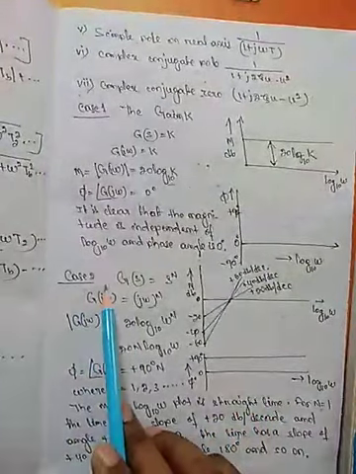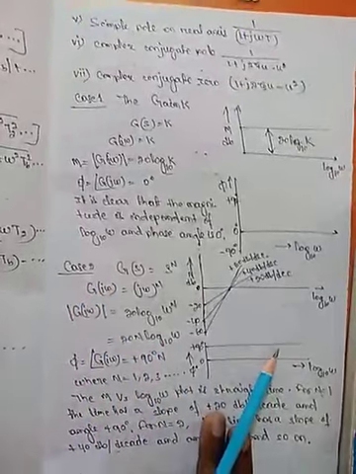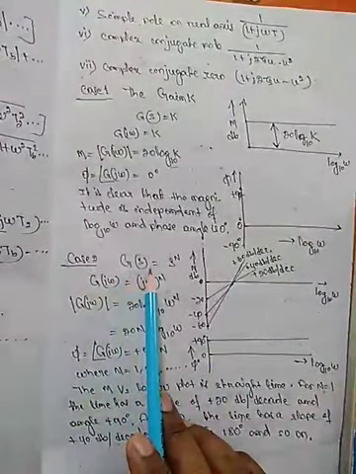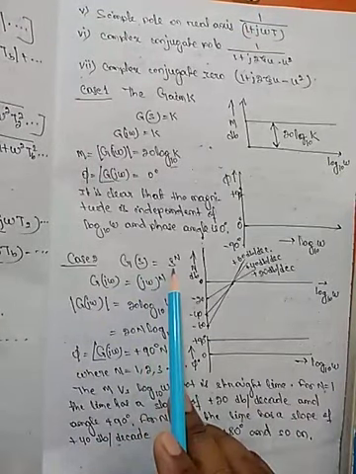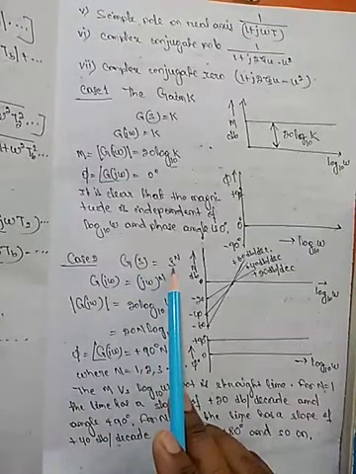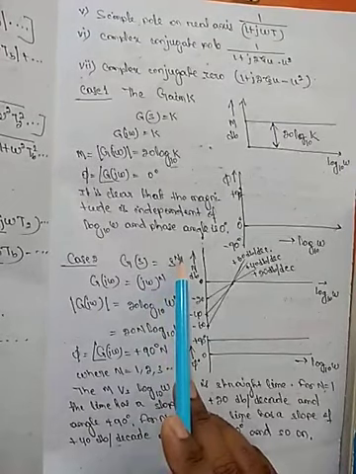Next we see case 2, when the open loop transfer function consists of zero at origin, s to the power n.